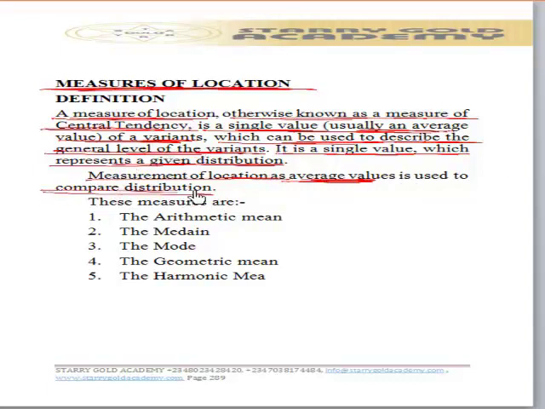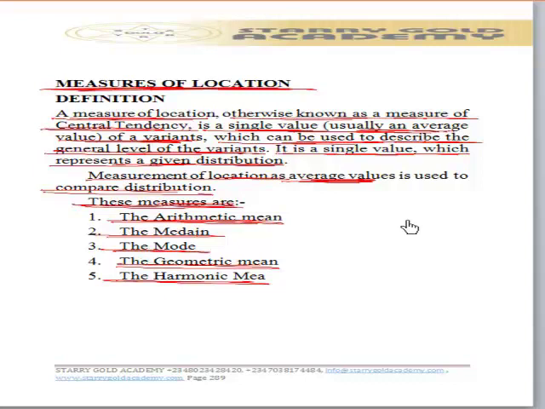The commonly used measures of location or central tendency include the following. We have the arithmetic mean, the median, the mode, the geometric mean, and what we call the harmonic mean. All these are important measures of central tendency.